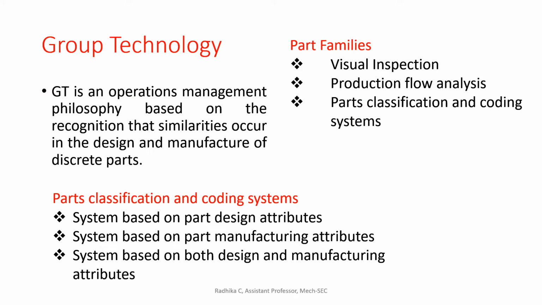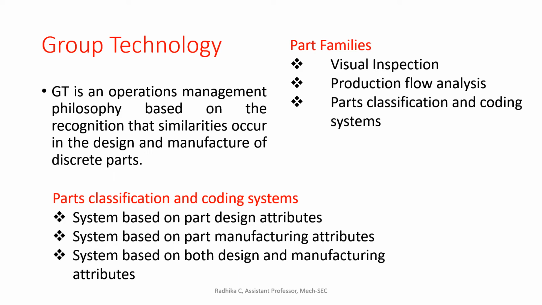Group technology is an operation management philosophy based on the recognition that similarities occur in the design and manufacture of discrete parts. Similar parts can then be arranged into part families. To implement such a system, some form of classification of parts and coding is required.